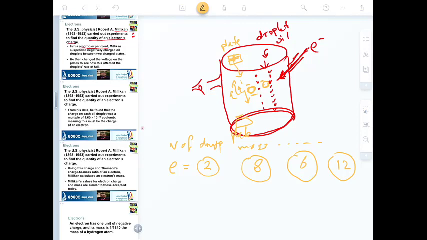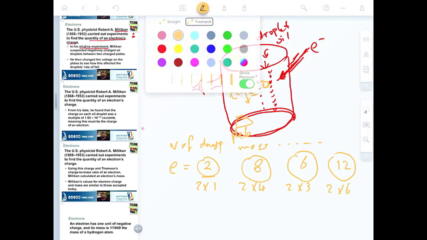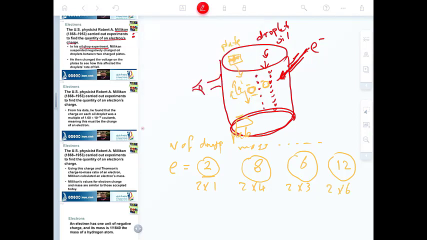What does it mean? This 2 means 2 times 1. This 8 means 2 times 4. This 6 means 2 times 3. This 12 means 2 times 6. It means the least one of them is this.